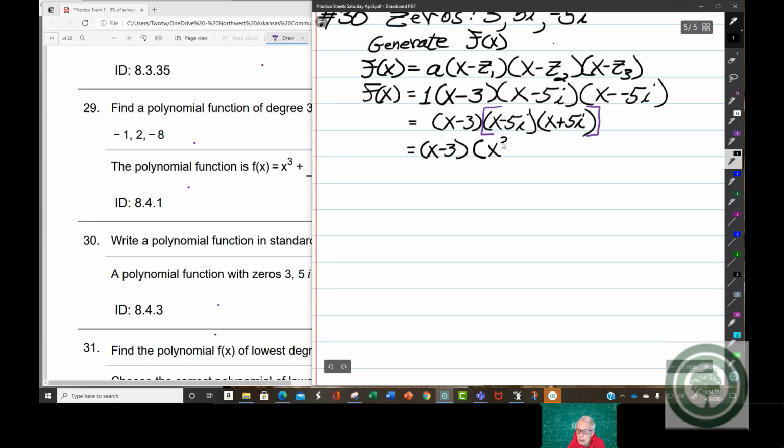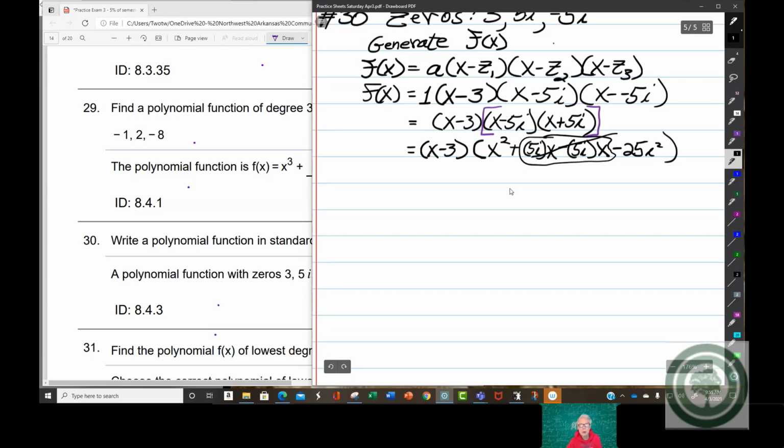X minus 3 times x squared minus 25i squared. When you multiply linear conjugates like this, your middle terms disappear.